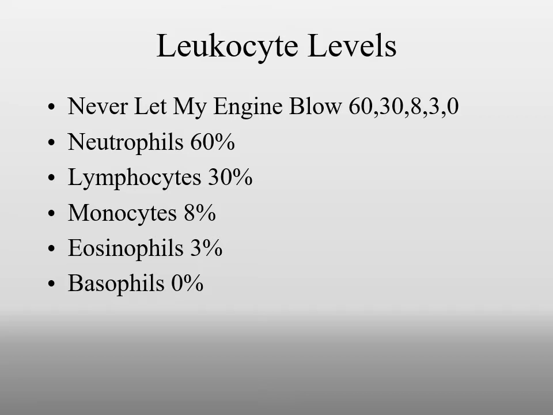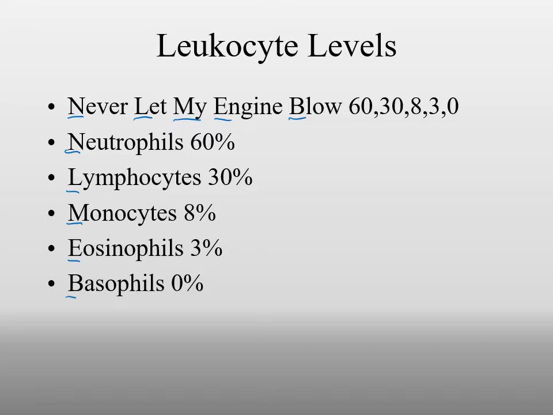The mnemonic there, never let my engine blow, 60-30-8-3-0, the first letter of the saying goes with the first letter of each of the white blood cells. And so we have the different components for each one of those.